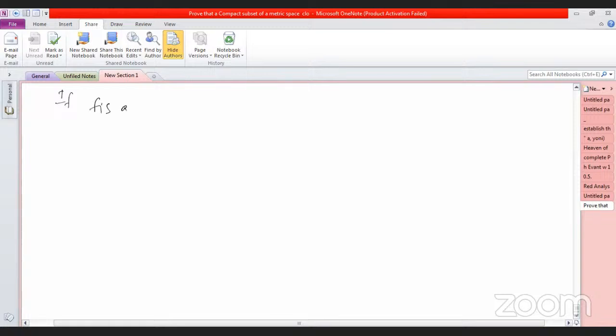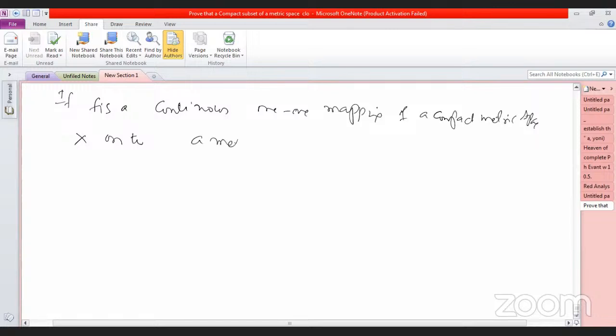If f is a continuous one-to-one mapping of a compact metric space X onto the metric space Y, then prove that f is a homeomorphism.